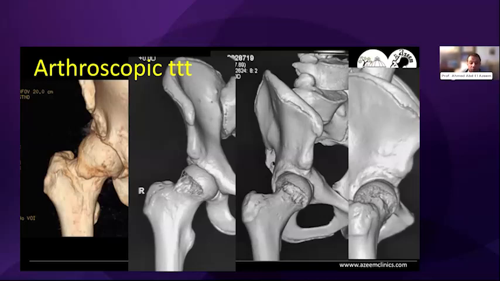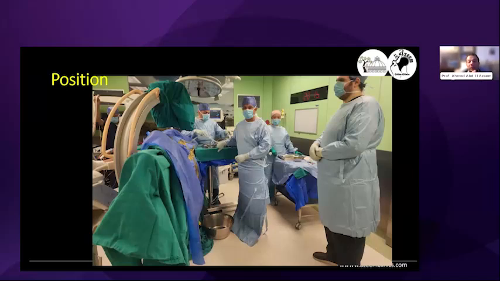Either to do it open or arthroscopically, you have to excise it completely from the anterior to the most superior part, preserving the vascularity, which is actually more posterior than the cam lesion. For me, I do it arthroscopically. It's very important that after going to the central compartment, I go for the central compartment first.